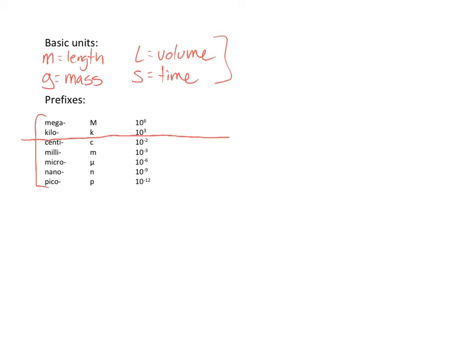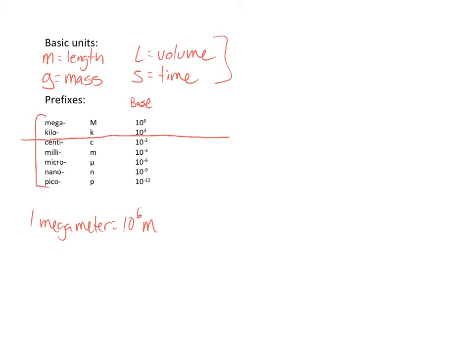Okay, so what this is saying is that this is the number of base units in one of these. So in 1 megameter, there are 10 to the 6th meters.